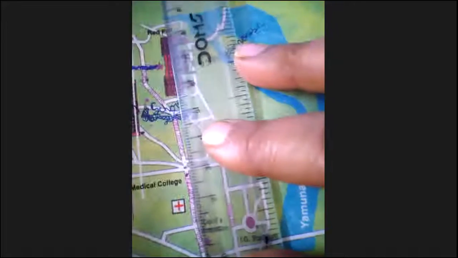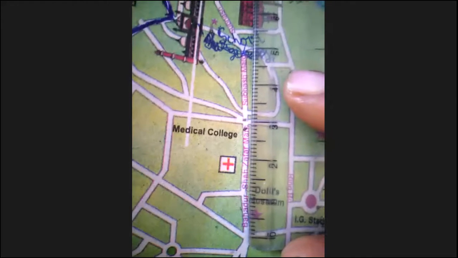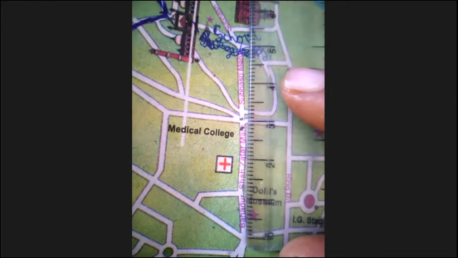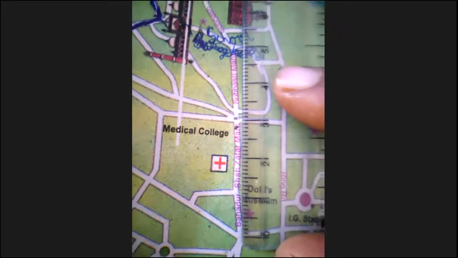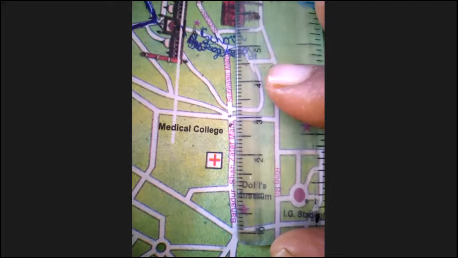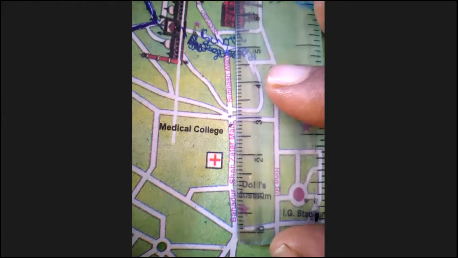See here, this is BS Marg. See here, 3 centimeters. Is it clear to all of you? Is it visible clearly? Yes, ma'am, it's in our textbook.